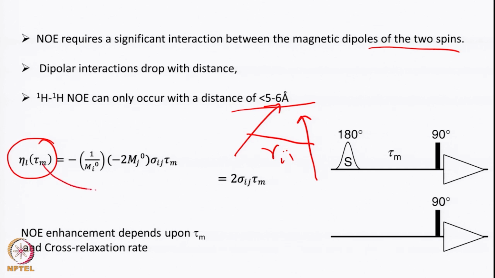One can vary this in the case of transient NOE that we explained earlier. It depends upon tau m, the mixing time. To remind you how this experiment was done, there are 2 coupled spins, say I and S or A and X. Selectively we invert one spin by applying a 180 degree pulse. Then we vary this tau m, which is the mixing time. We apply a 90 degree pulse that brings it to the xy plane and we detect it here.